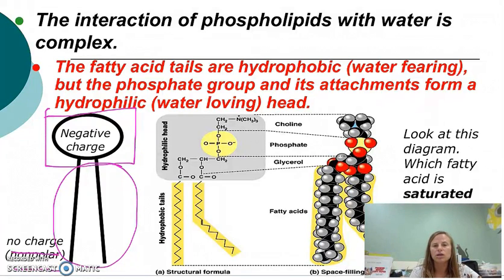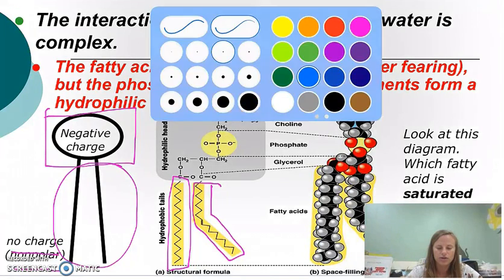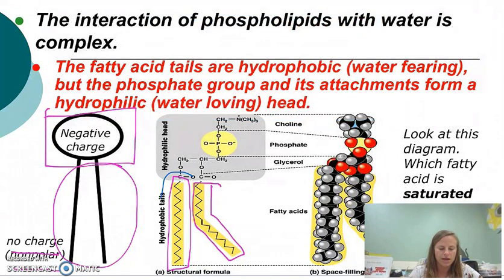Now, if we were to look at these fatty acid tails, how do we know whether one is saturated or unsaturated? Well, we look at the double bonds. The tail on the left side has no double bonds, right?